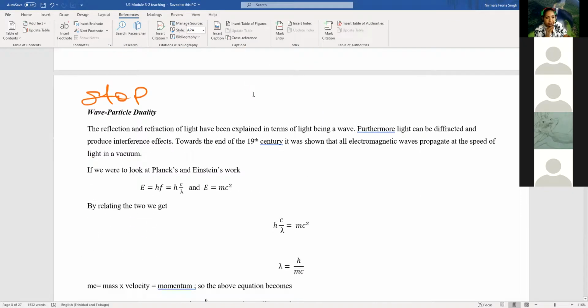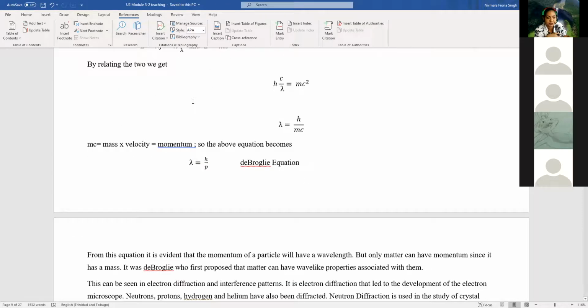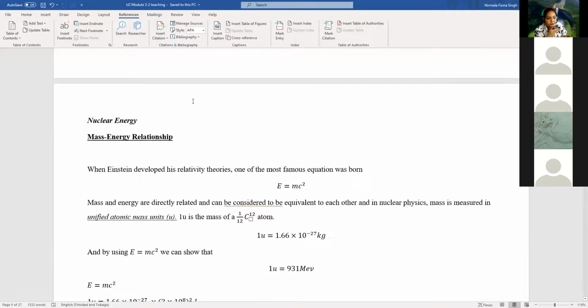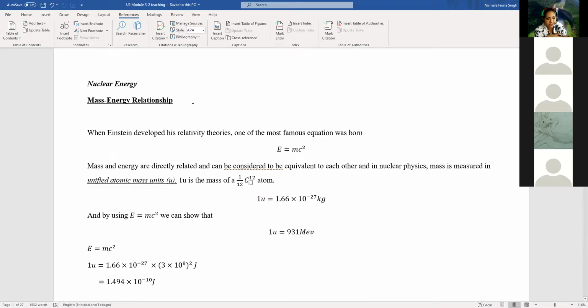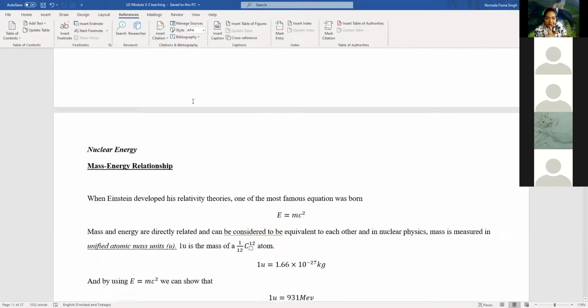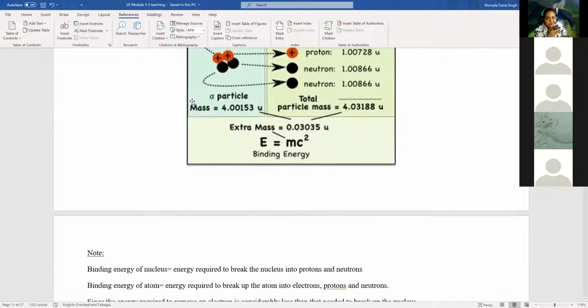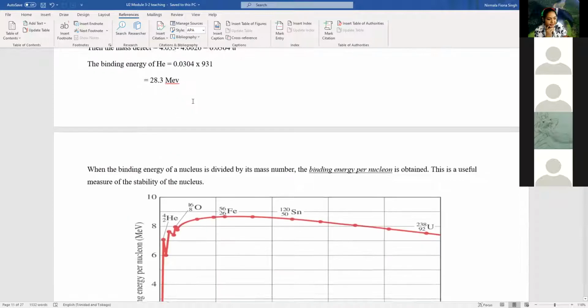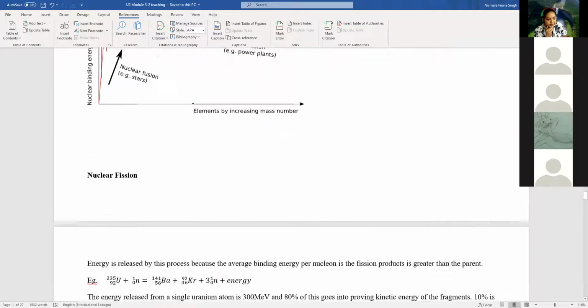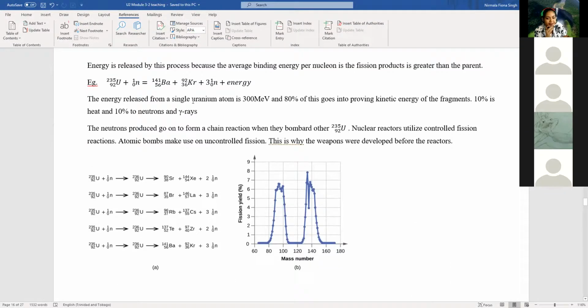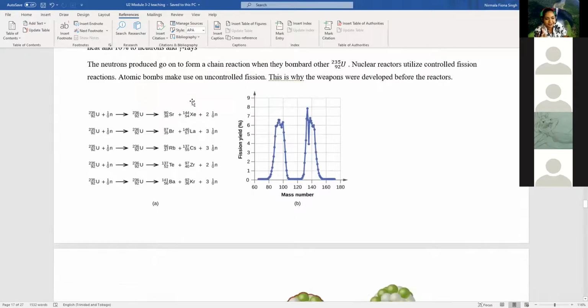And then what do we have left for the syllabus? In this handout is the rest of the syllabus. We have wave particle duality and nuclear energy, which looks like plenty, but it's not really. Nuclear energy has a lot of diagrams and pictures.